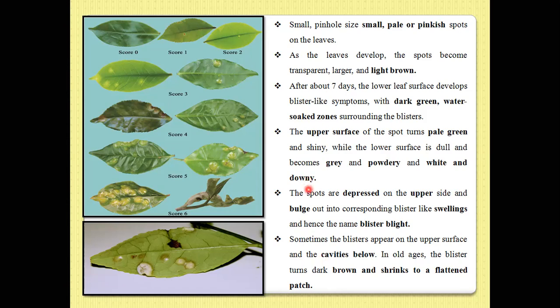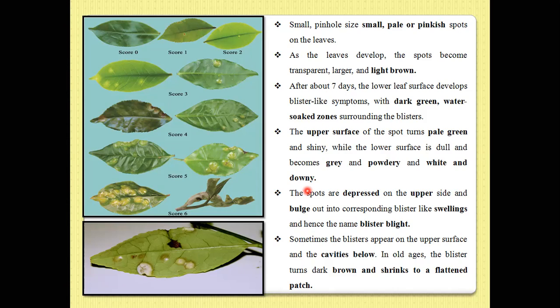Then we go to the next point, that is the symptoms. This fungus mainly infects the leaf portion, shoots, and some other aerial parts of the tea plants. This blister blight infection is majorly seen in the rainy seasons.